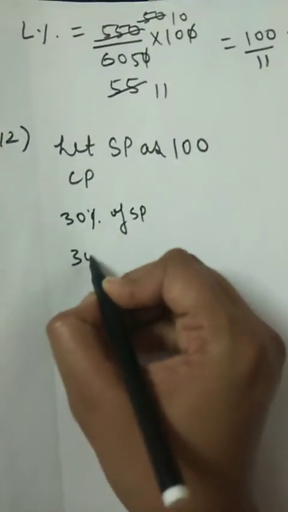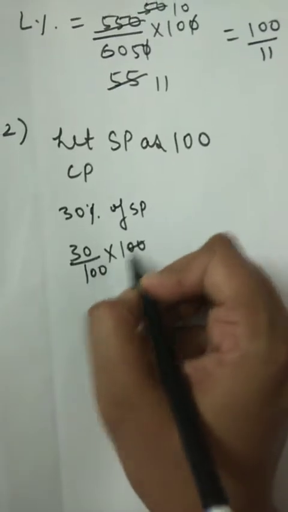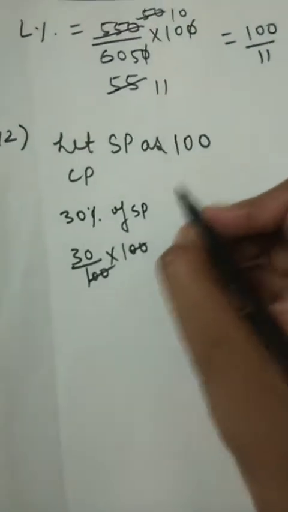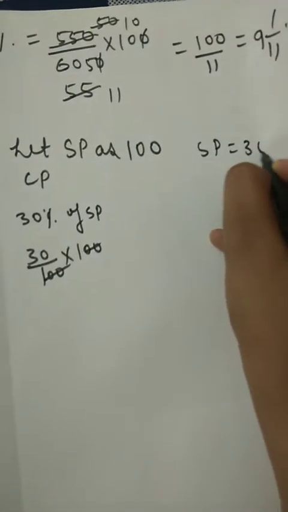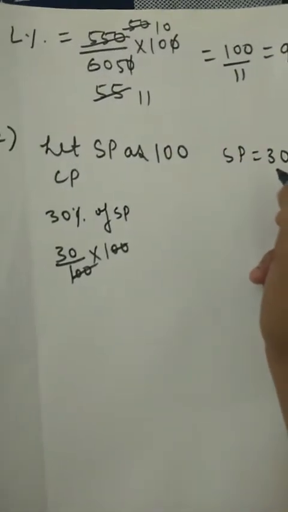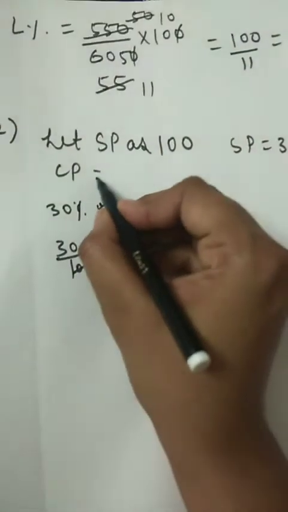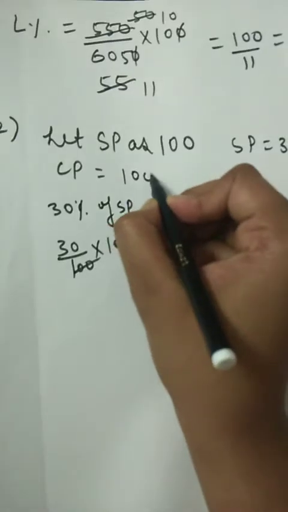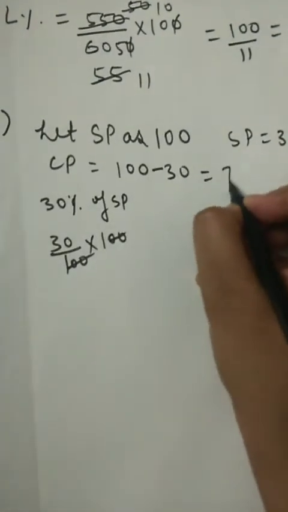We have supposed selling price as 100, so it will be 30. Then cost price is 30% less, means it is 30 less, so it will be 70.